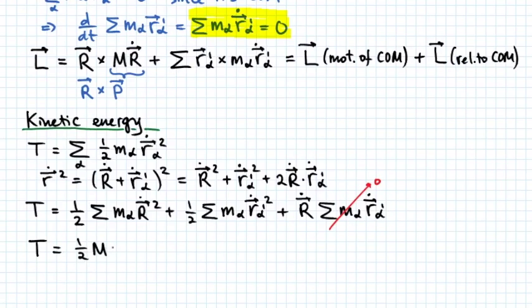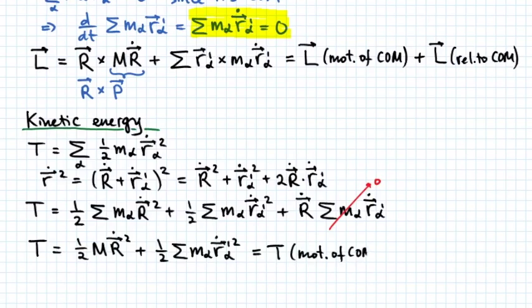Half of capital M, the full mass, times the velocity of the center of mass squared, plus the sum of the kinetic energies of the individual chunks, which we recognize as, of course, the kinetic energy of the motion of the center of mass and the kinetic energy of the motion of rotation.